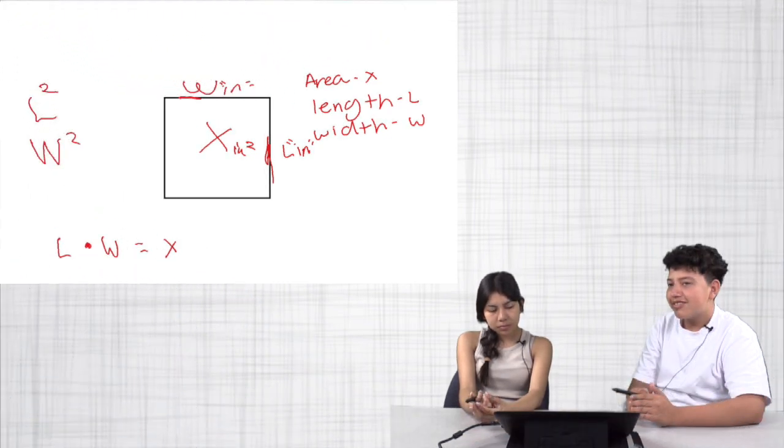A square is special because each side has the same length. That means that to find the area, you only need to know the length or the width, not both.